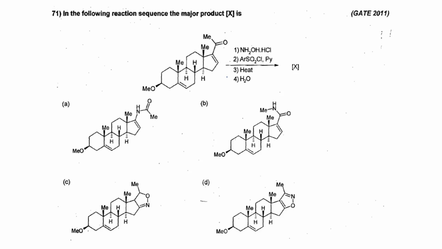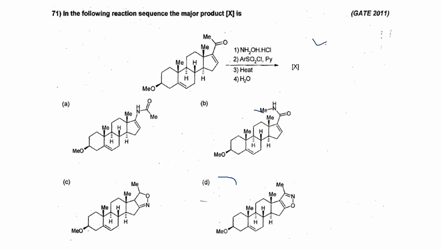So in the following reaction sequence, what will be the major product? So this is an aldehyde, a ketone. So this ketone will form a hydroxylamine type of reaction with this hydroxylamine.